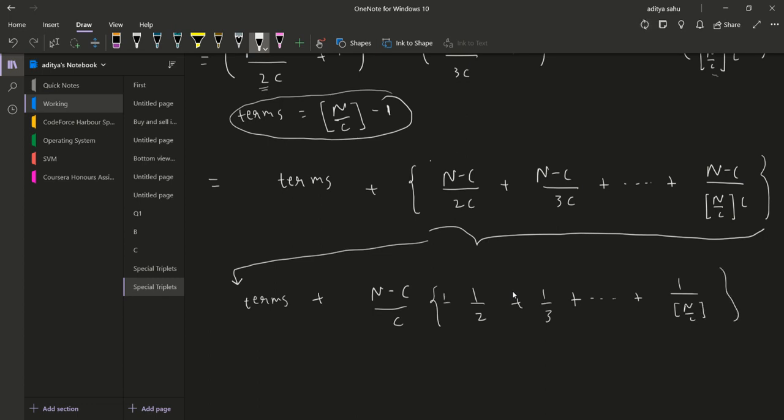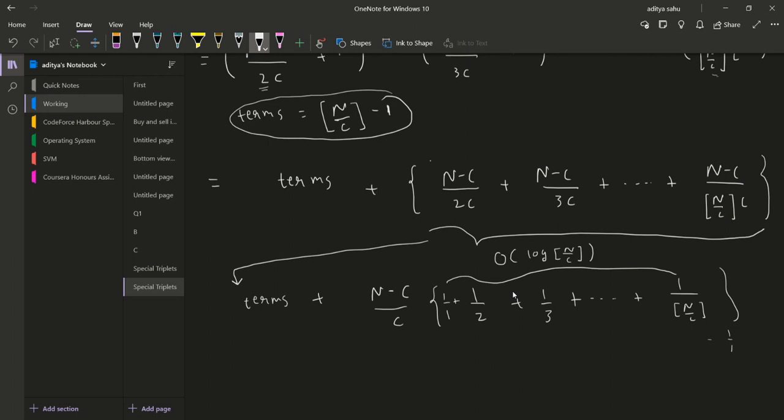If I just add 1 by 1 here and subtract 1 by 1 here, you can see that this series, 1 by 1 plus 1 by 2 plus 1 by 3, can be calculated in order of log of n by c time.